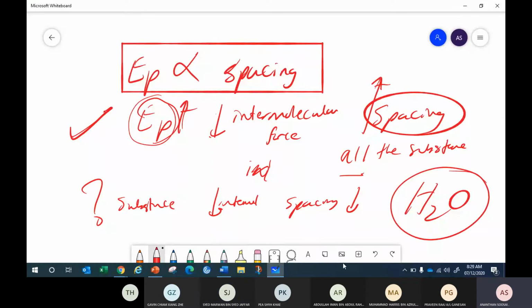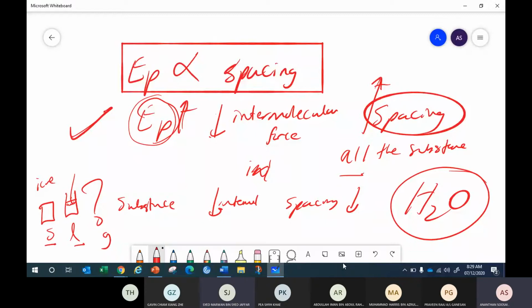Focus on solid and liquid. Your ice cube: is the ice cube denser, or when it melts, is the water denser? Water is denser.